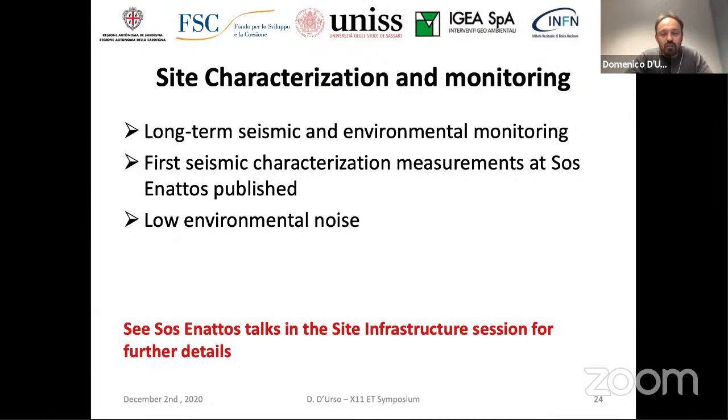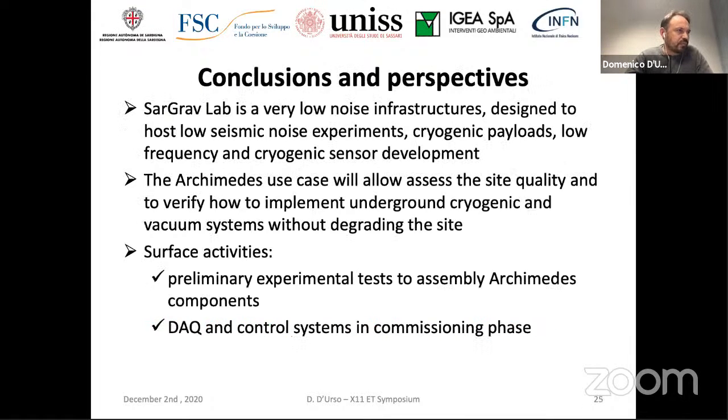What we got from all these activities is essentially a long-term monitoring of the site. We already published the first measurements in terms of seismic characterization, and you have seen in the presentation done by Rosario that the first data obtained in terms of environmental noise are quite promising. So here you can find my conclusion.